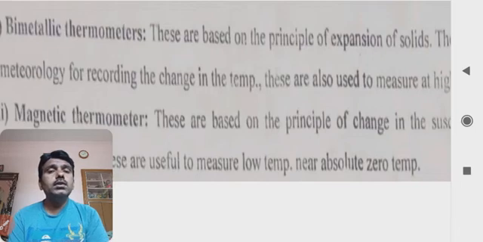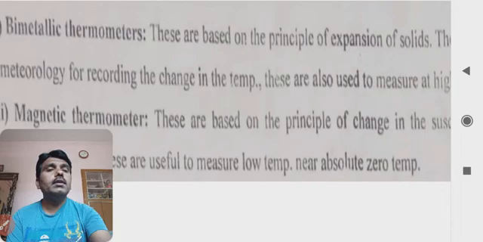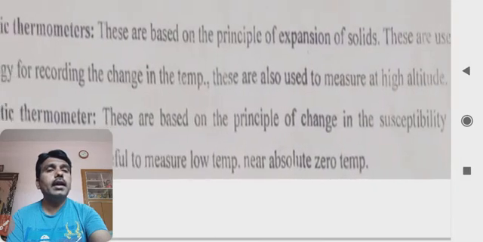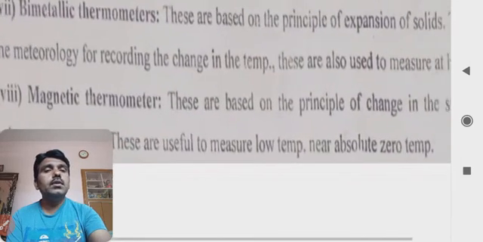And these are also used for measurements at high altitude.